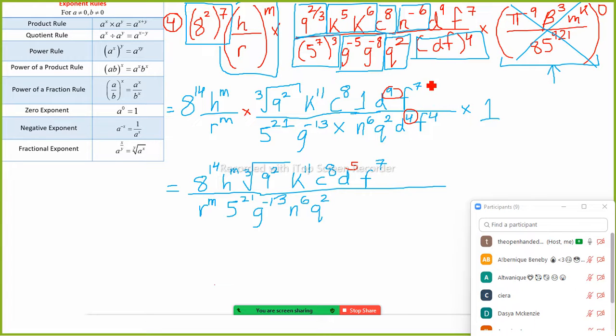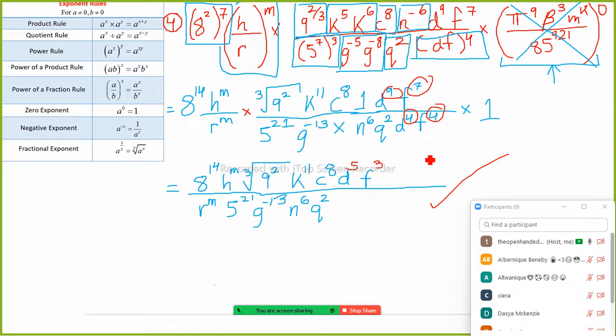And then 7 minus 4 is 3. So 7 minus 4 is definitely 3. Good. Times 1, we don't worry about that. And so yes, that's the answer, in a simplified way.